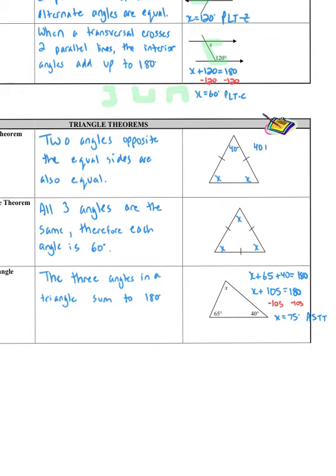I know that 40 plus x plus x, all 3 of those angles have to equal 180 degrees because of ASTT. That simplifies to 40 plus 2x equals 180 degrees. I will subtract 40 from both sides to get 2x equals 140 degrees.